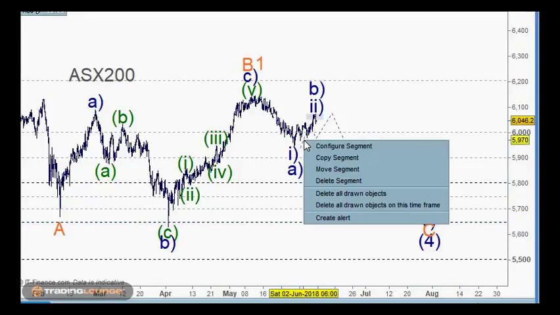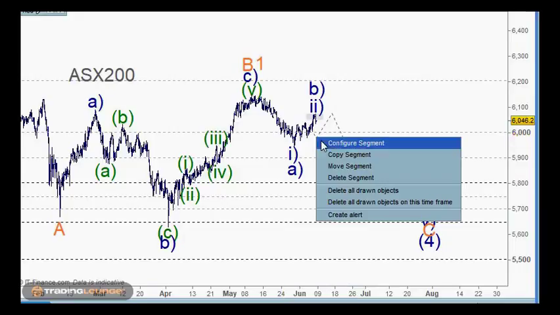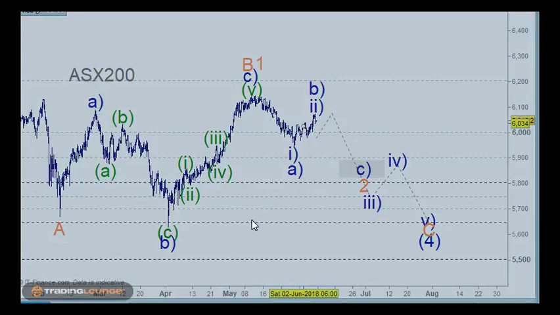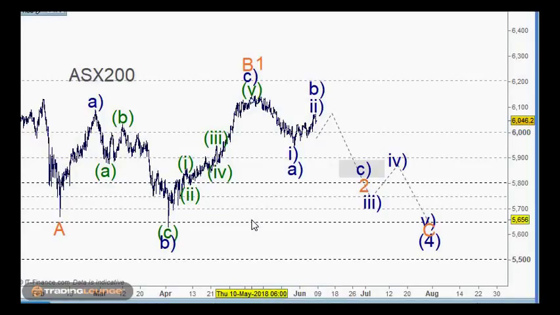So we need to focus in. They're the three counts, and we need to focus in on this little area here to start with. So I'll just save that there. So we've got two short trades basically and two long trades. Two short trades, one long trade.